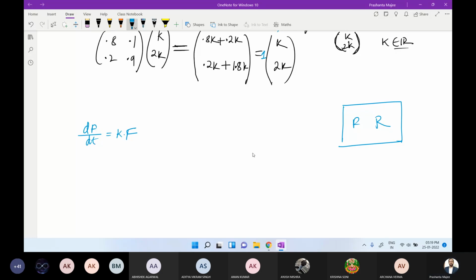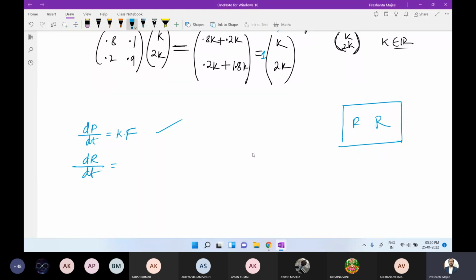This is the differential equation which represents the rate of change of the number of foxes. And what will be the rate of change of the number of rabbits? dr by dt will again be proportional to the number of rabbits present at that moment, but their rate will be much more compared to the foxes. Otherwise, foxes will eat the rabbits and they will eventually vanish, which is not going to happen.